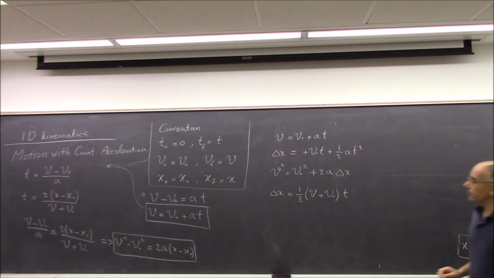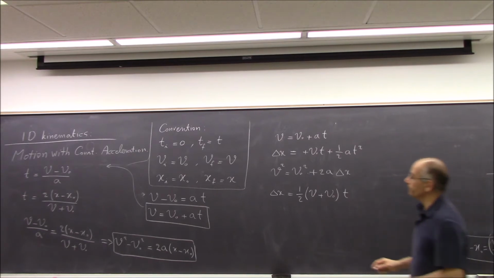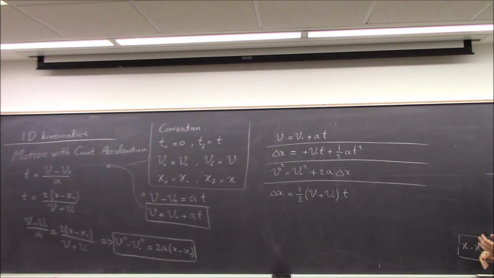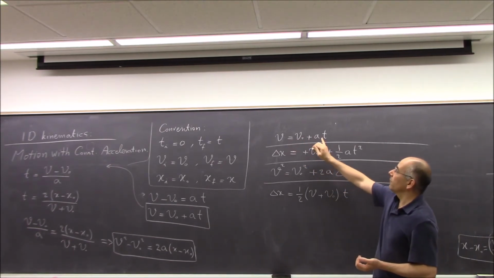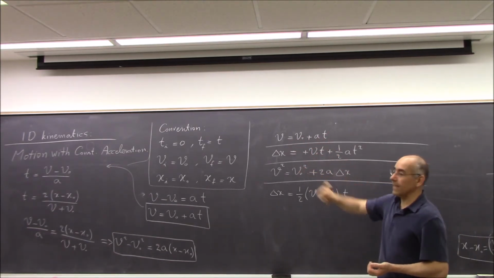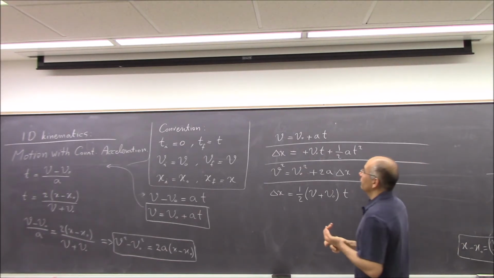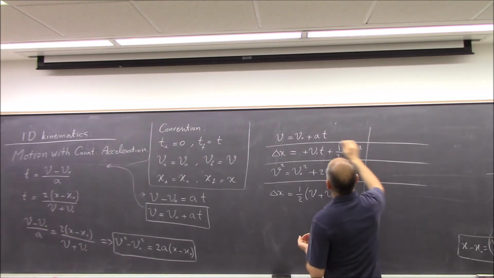I have a little trick to both memorize these and use them in problems. These equations are between 4 different parameters. One is v, one is a, one is t, one is x. I have displacement x and v in general. Let me classify those.